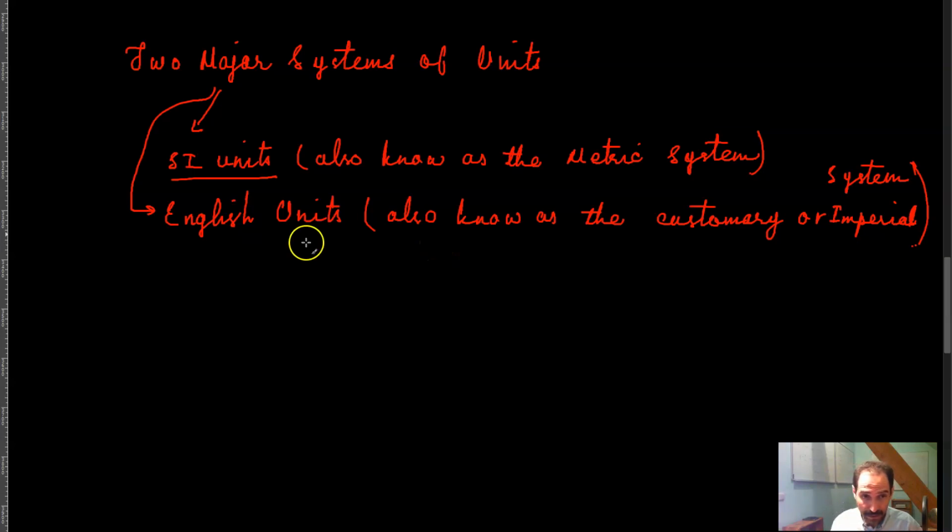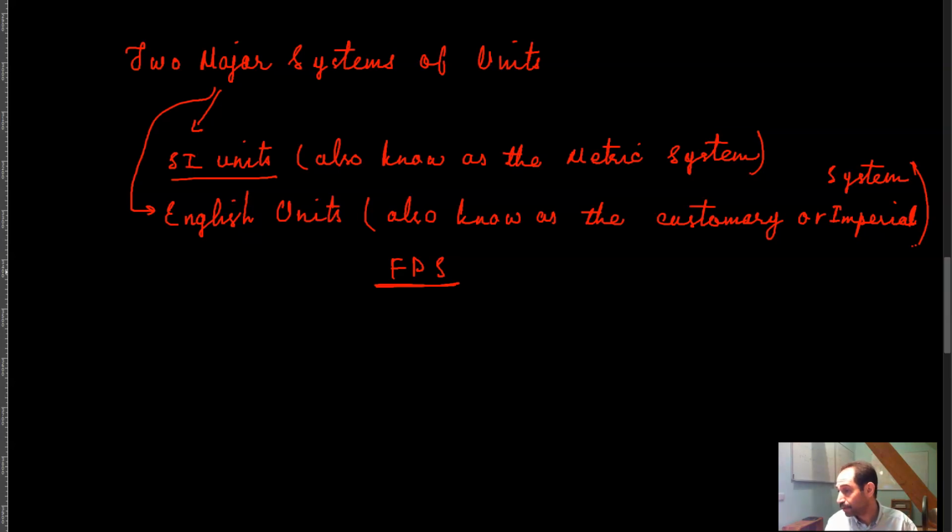Now the units over here, there is a system which I think is called the FPS system, foot-pound-second, or there is another system as well which is kilogram. Let me tell you about this.